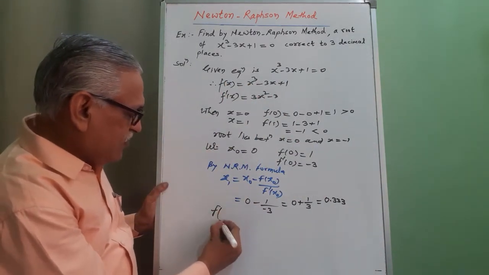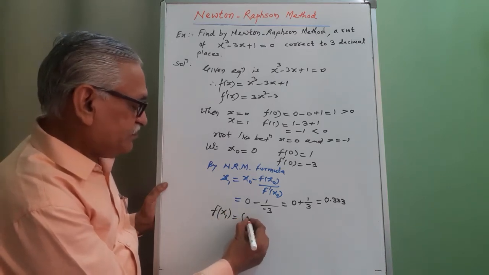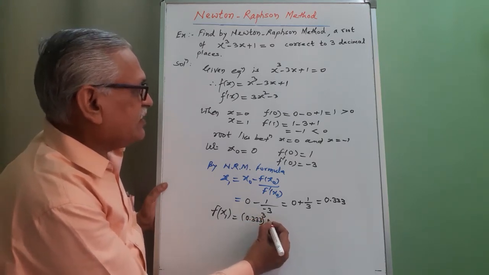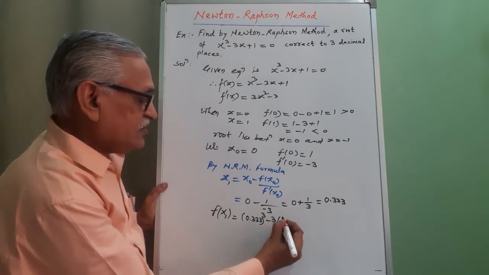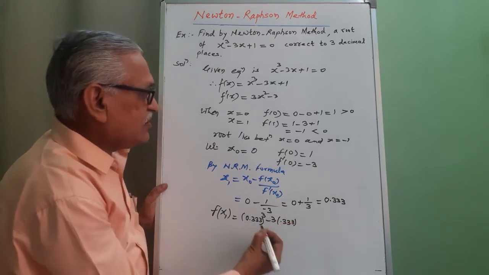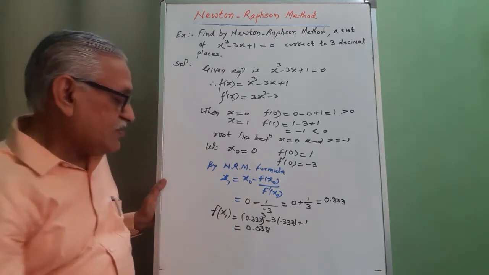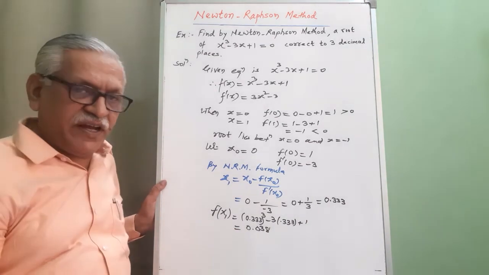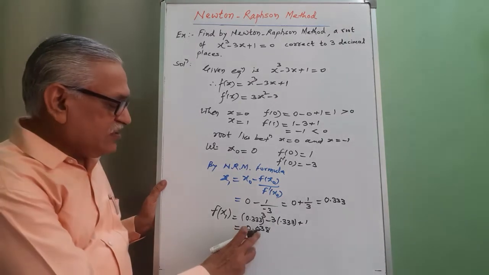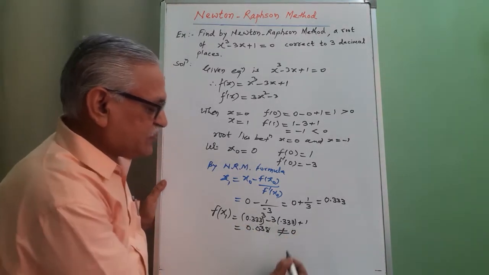Therefore, f of x1 is 0.333 cube minus 3 into 0.333 plus 1. If you perform that calculation, it is 0.038. If it is nearly 0, we stop the procedure. As here the value is not equal to 0, we have to continue the iterative procedure.